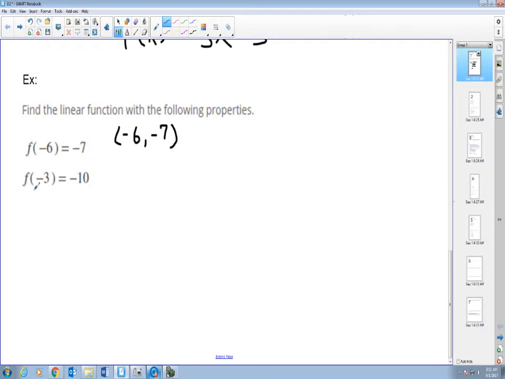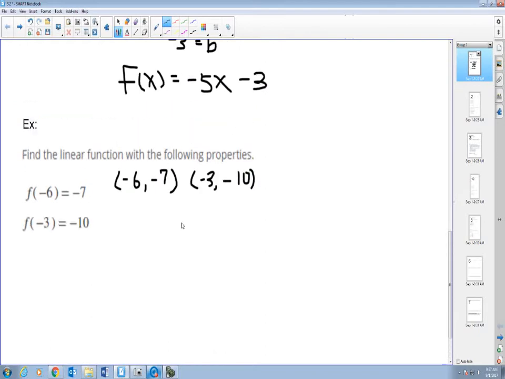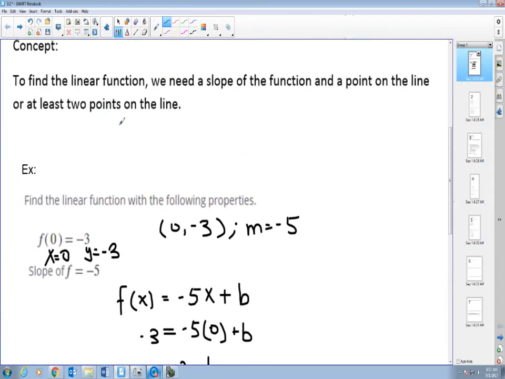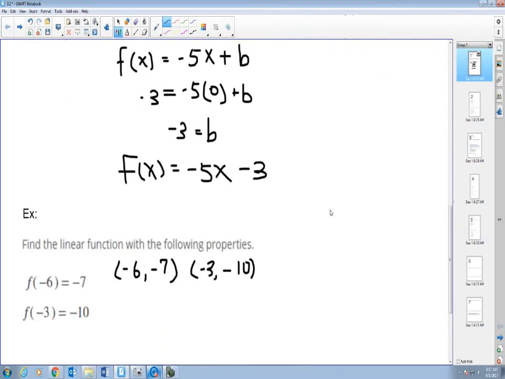The other point, x is -3, and the output of the function will be -10. So the problem gave me 2 points. If I have 2 points, I will still need a slope, and to find b, I would just need one of the 2 points in a minute.